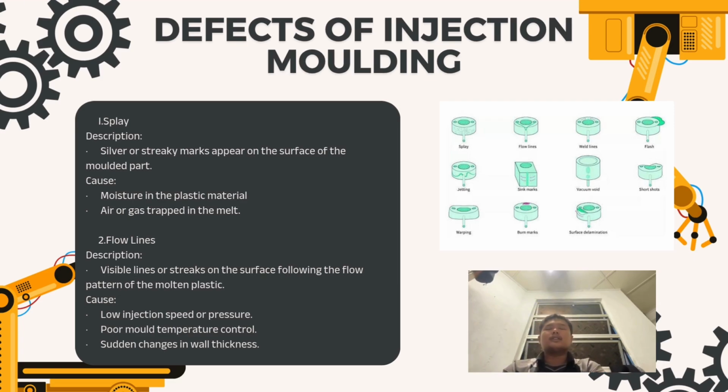And the second example is flow lines. For the description, visible lines or streaks on the surface following the flow pattern of the molten plastic. The causes are low injection speed or pressure, poor mold temperature control, and the last is sudden change in wall thickness.